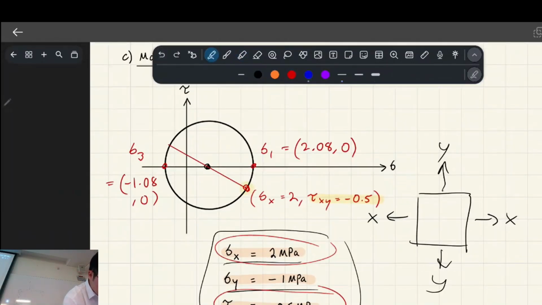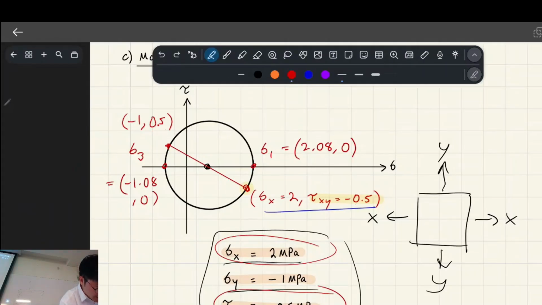Okay, so you might be wondering, how am I supposed to know it's paired with that one and not sigma y? Let me just plot sigma y real quick, because this one was negative 1. The reason is it's flipped. So instead of negative 0.5, it's just 0.5.